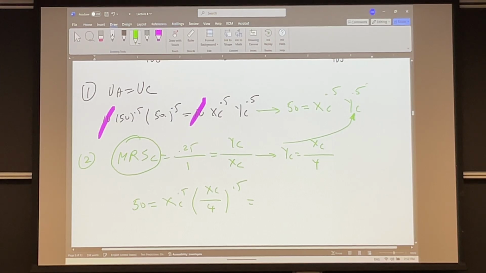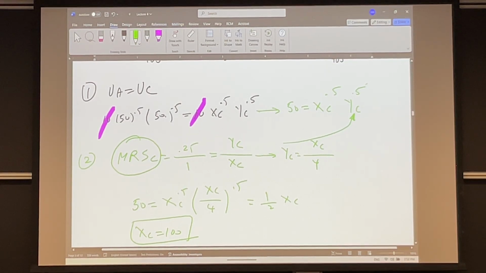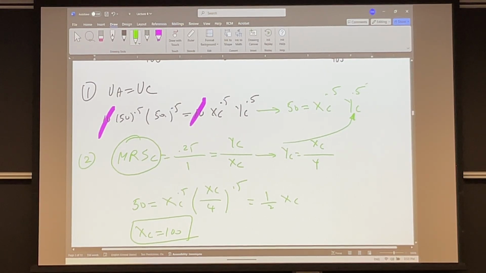That should look like this. Right? That's 1 over 2. The powers will add up. I get this one, and I cross multiply to get X. Right? Okay.